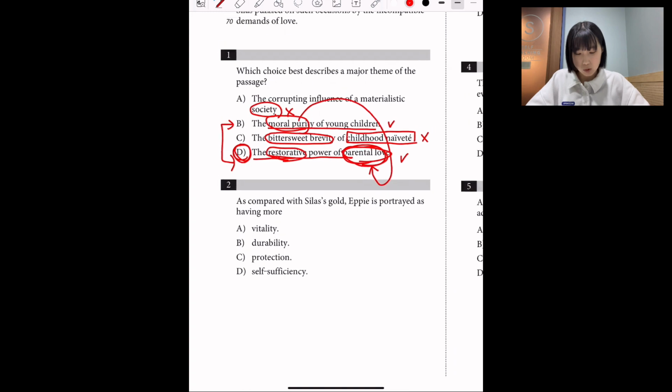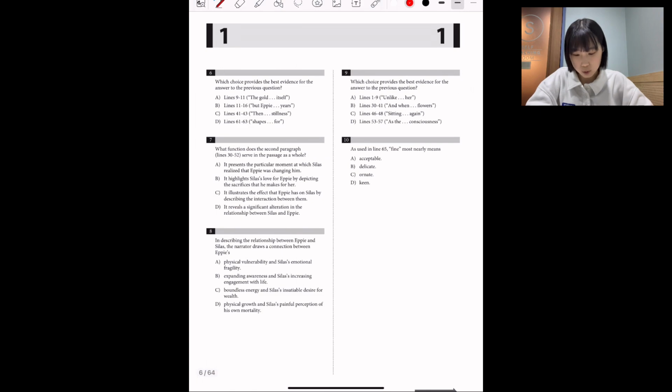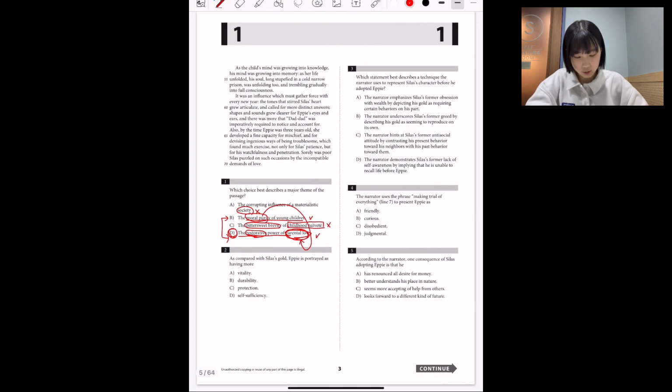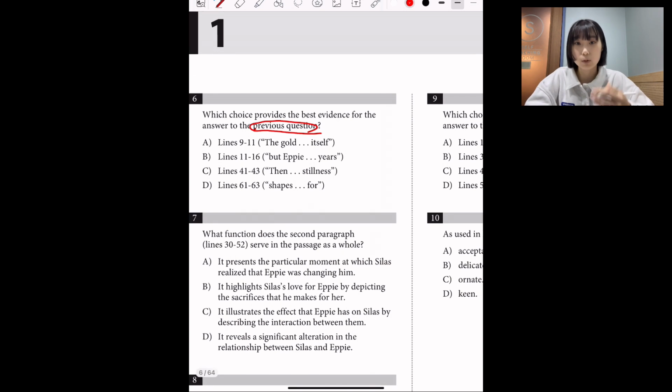And for number 2, oh, and I almost forgot, for this passage as well, if you watched my history passage video, then you know that this is a technique that I often use. When you get your test for the first time, I would recommend that you find the questions that are linked together, like here, 5 and 6. See? It says previous question, so it's linked to question 5.